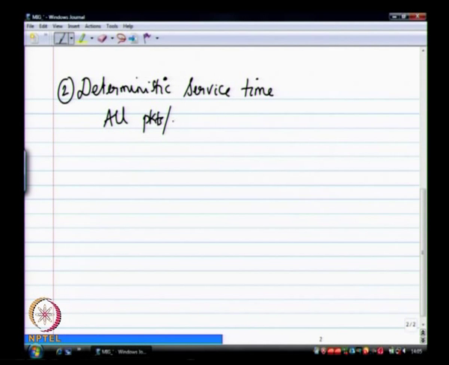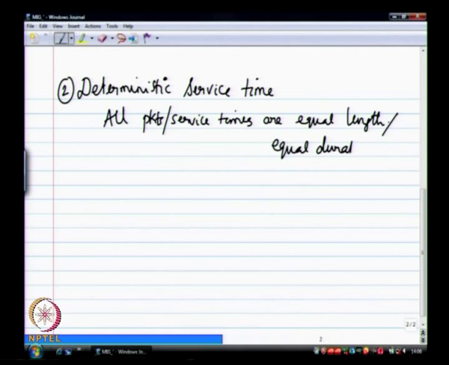So E of S is simply 1 over mu, it is a constant, there is no variation in the service time.